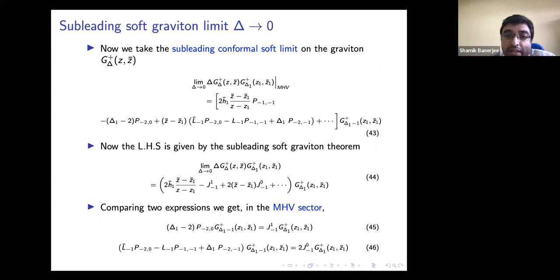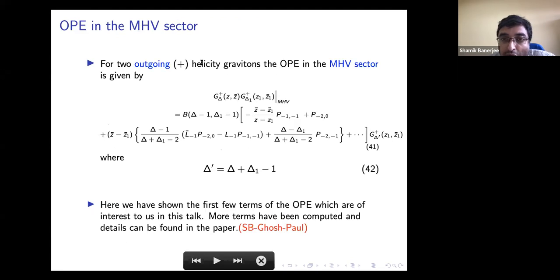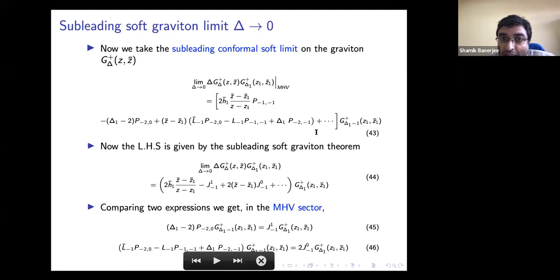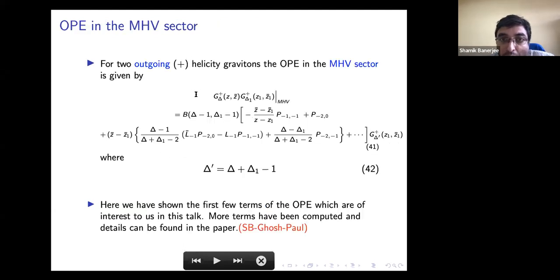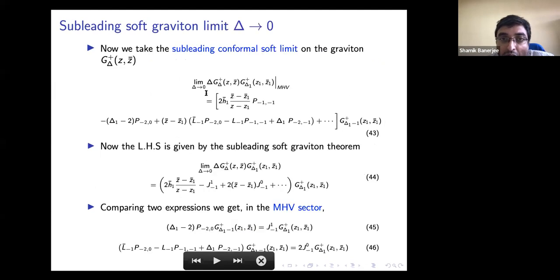Now, from this OPE one can conclude that we have some nontrivial states in the game. One way to see that is this: I have this OPE here, and now I can make this G plus delta soft, now subleading soft, which means I have to take this limit on G plus delta.